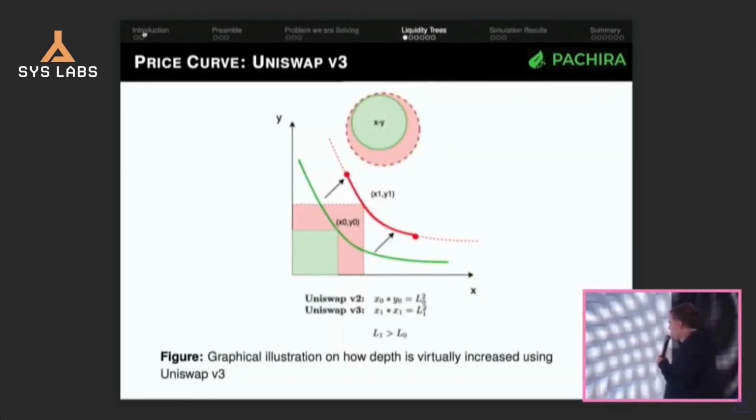Let's look at the price curve of Uniswap V2 versus V3. This green curve here represents V2. With Uniswap V3, you're pushing out the curve and effectively deepening the order book virtually. So we're virtually deepening the market.